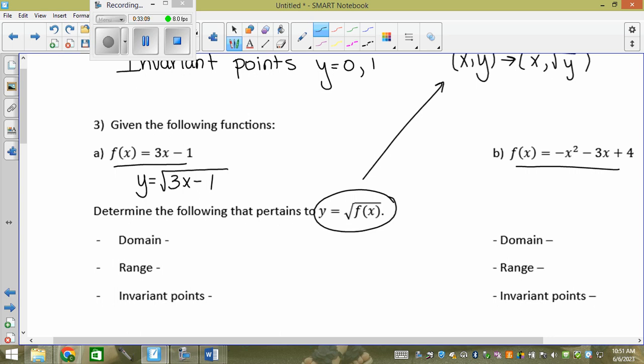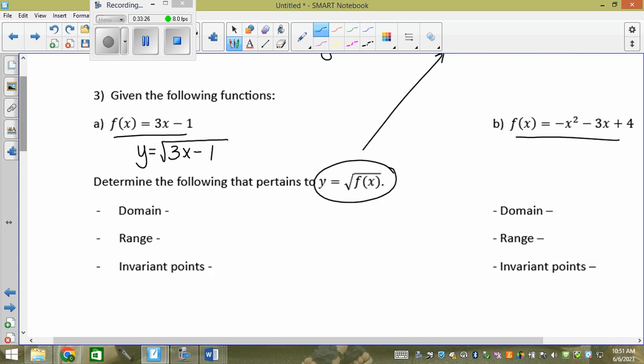Invariant points are points that do not change, correct? So I want the ones when y equals 0 and y equals 1. We agree? So you have this into your calculator now? Right? Okay. I want the invariant points. We'll do it algebraically after, but I want to do it graphically first.